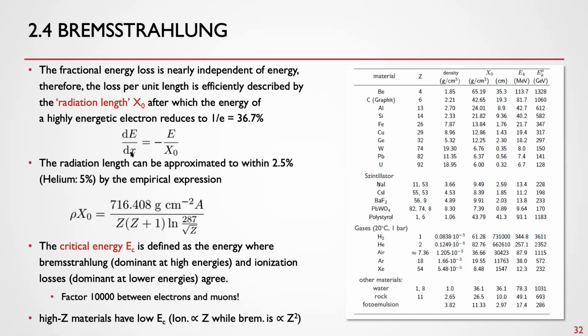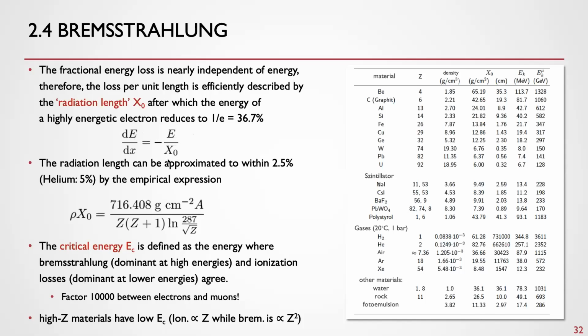The energy loss per unit length is more or less proportional to the energy itself. So one makes an ansatz of dE/dx equals minus E over some proportionality constant of the dimension of a length. If you integrate this differential equation, you get an exponential.